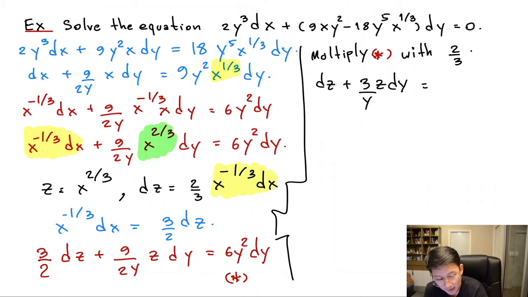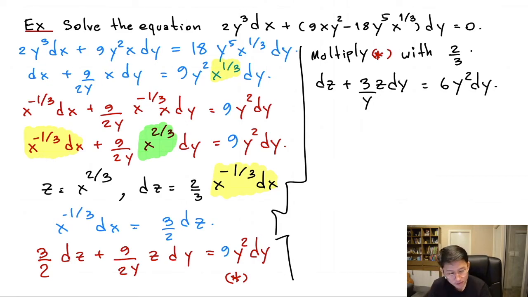And this is still 9 and 9. My bad, I'm so sorry. Okay, so if I multiply it by 2/3, what I have would be 6, right? 6, and then it becomes 6y squared dy.